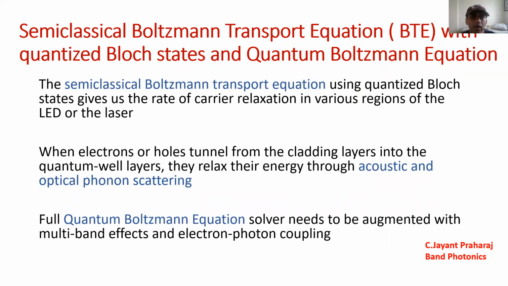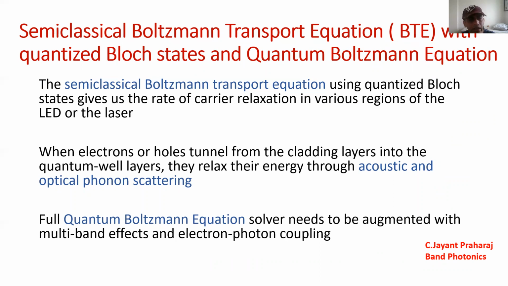So to understand the full device optoelectronic properties, there are two kinds of regimes. In one, we can solve the semi-classical Boltzmann transport equation using quantized Bloch states, and that gives carrier relaxation rates and other relevant parameters for the light emitting diode, LED, or the laser.